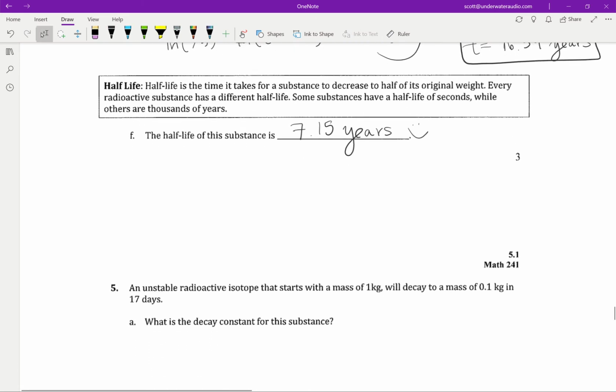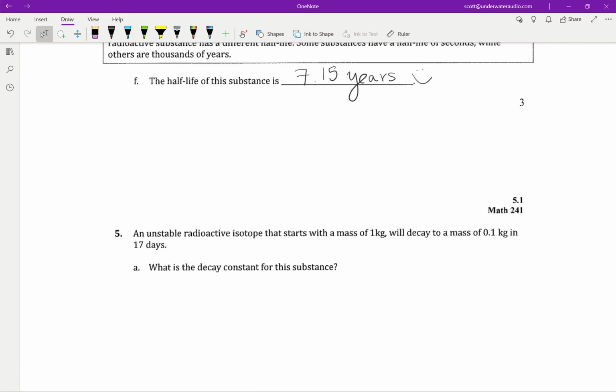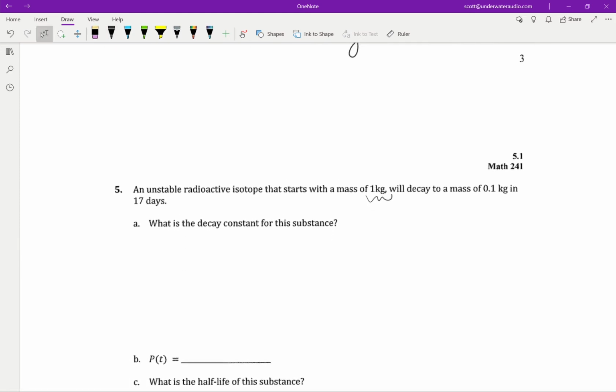All right, number 5. An unstable radioactive isotope that starts with a mass of 1 kilogram will decay to a mass of 0.1 kilograms in 17 days. What is the decay constant? So it started with a mass of 1 kilogram, so I can start with P of t equals 1 e to the kt.